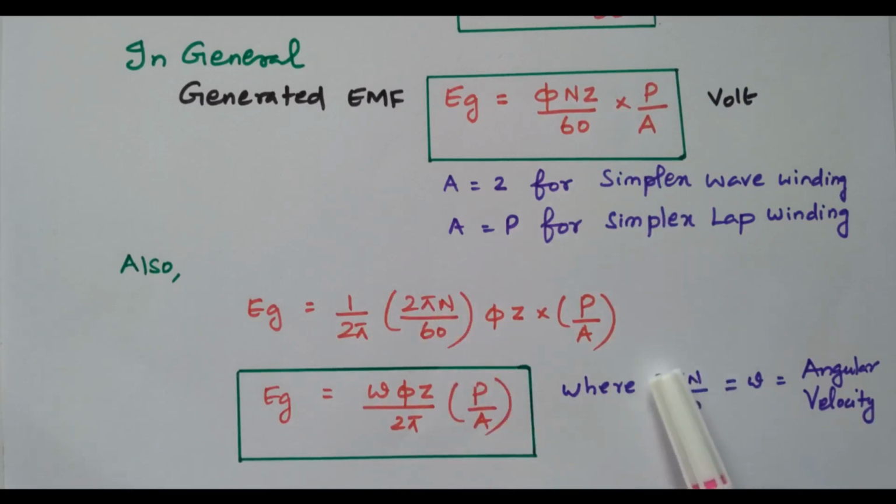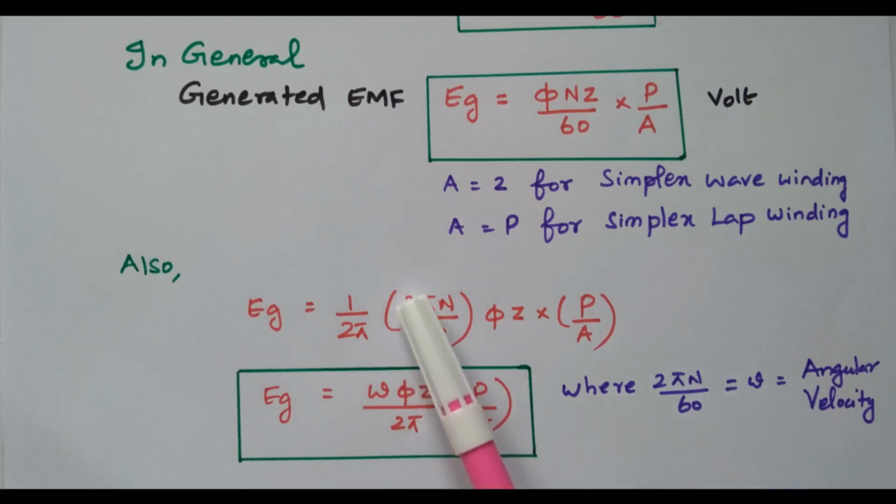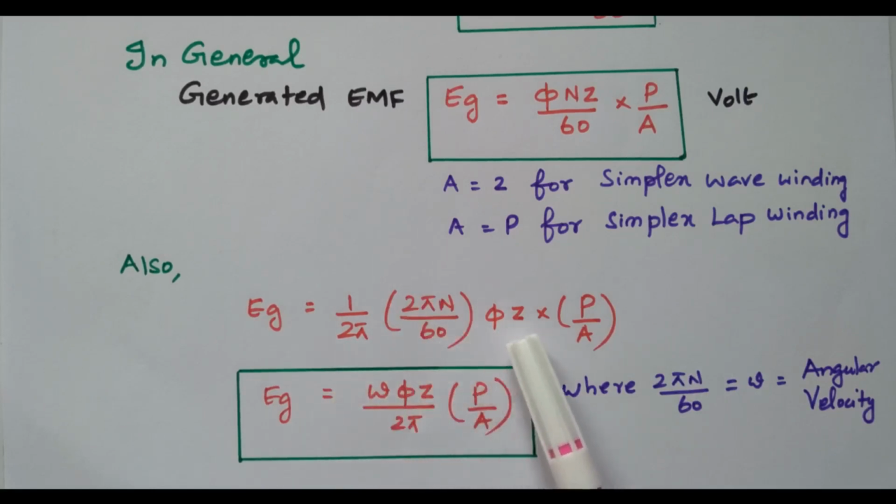We multiply by 2 pi and divide by 2 pi so that the value will not change. The remaining terms are as they are, pi Z P by A. So this 2 pi N divided by 60 can be replaced by omega, that is the angular velocity.